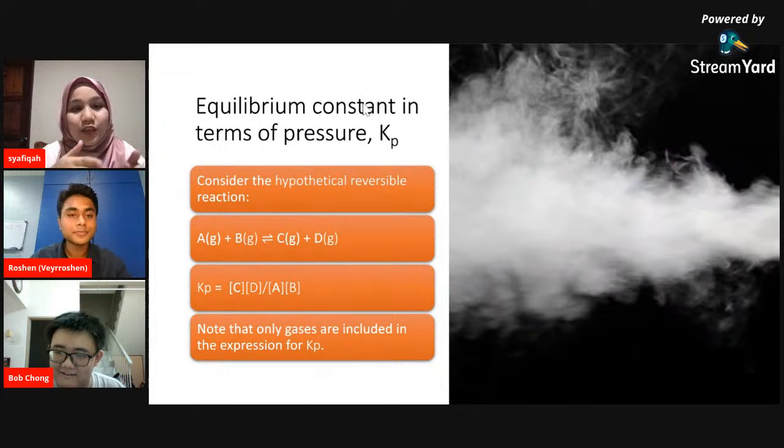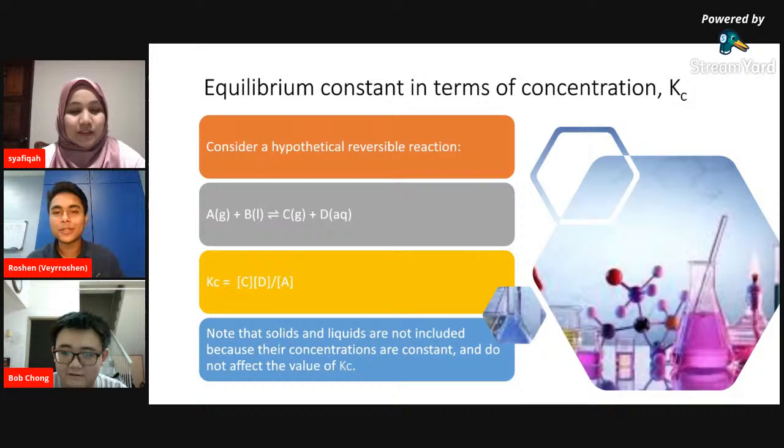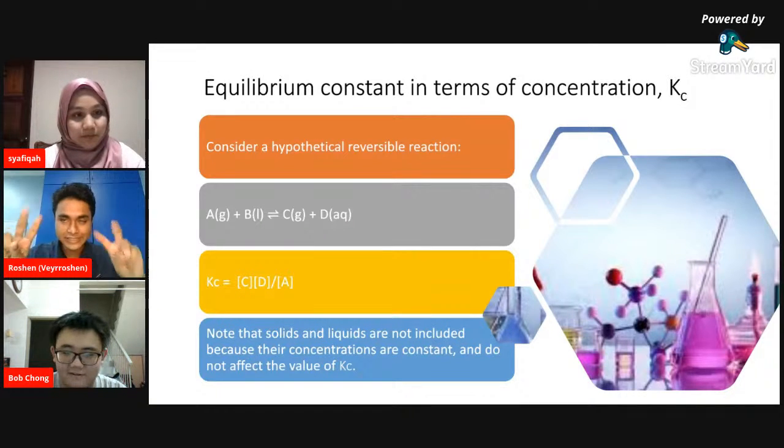KP is only used if everything in the equation is in the gaseous state. So KP is for gases only, solids and liquids cannot be used. Correct.